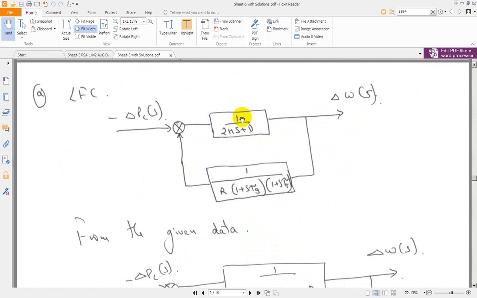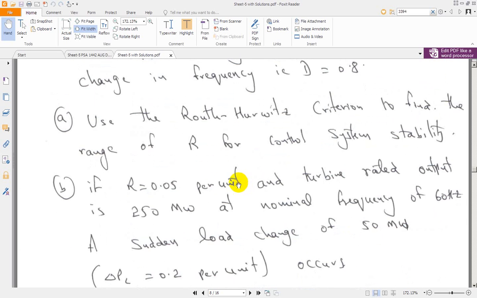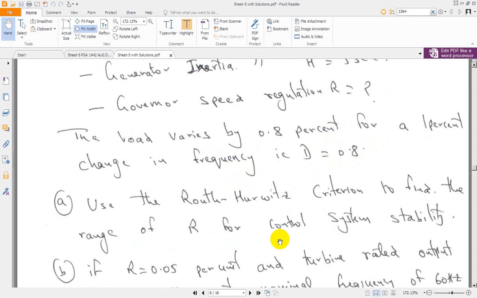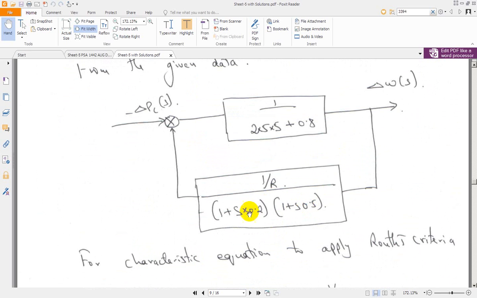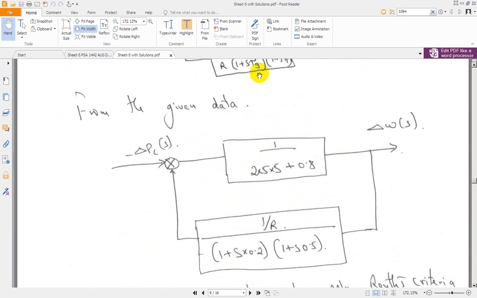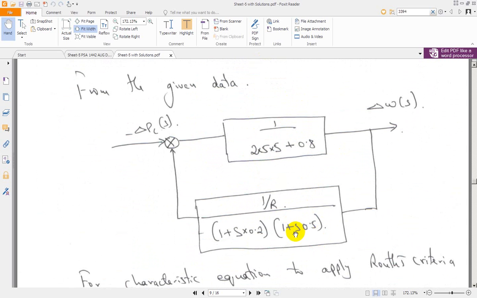Substitute the value of H. D value is given as 0.8. Substitute that value 0.8, and here tau g value is 0.2 and tau t value is 0.5. This forms the block diagram representation of the given problem.